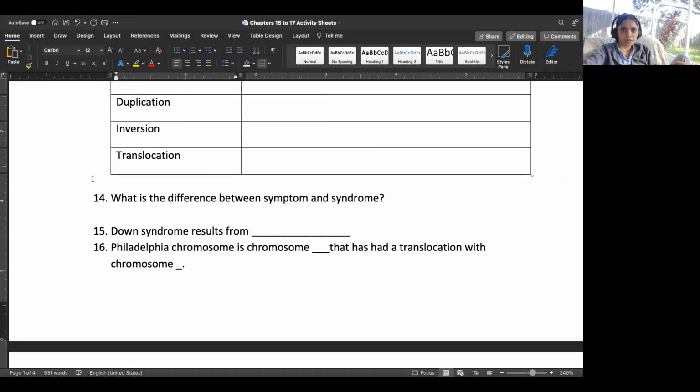So symptom in here is both something that you can see and something that you can't measure. Altogether is symptom. And syndrome is a collection of many of them.